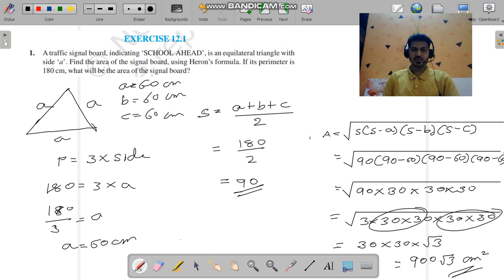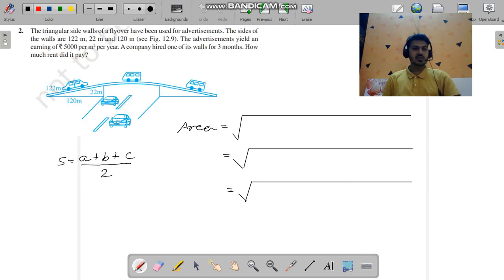Now let us see the next question. Here you can see that this is a bridge, and there is a triangular side wall here, this part. What you have to do is consider this side 122 as a, 120 as b and 22 as c. Now we have 3 sides.